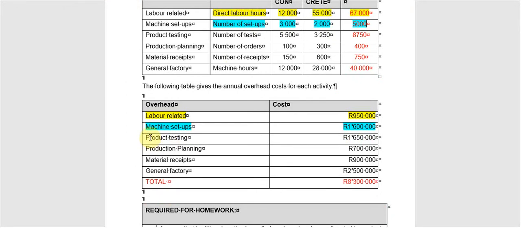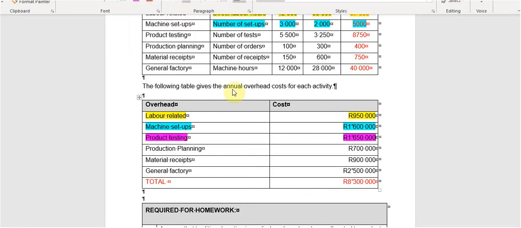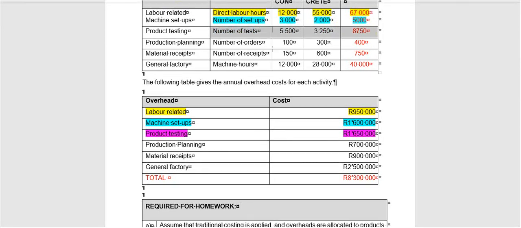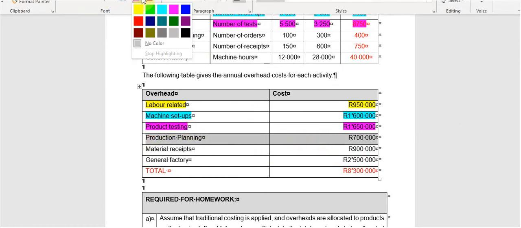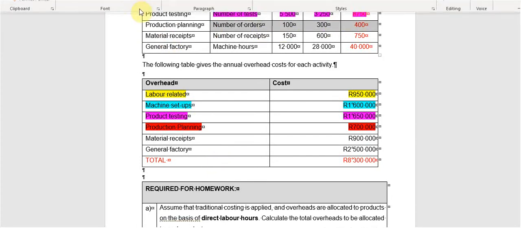Then the product testing, I will highlight in purplish pink, and the number of tests will be the cost driver there. Then we have production planning, which I am going to highlight in red, and it will go with the number of orders, which is its cost driver.